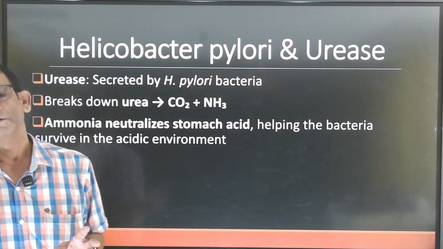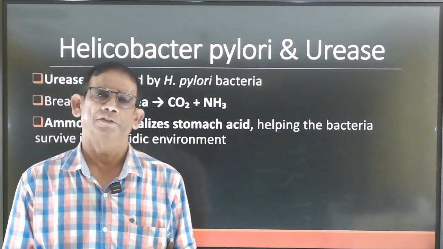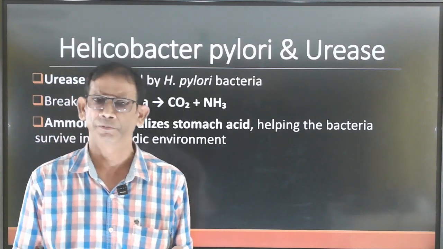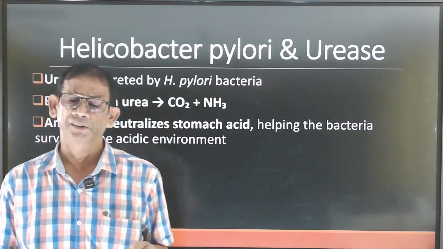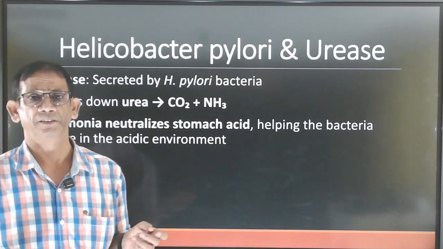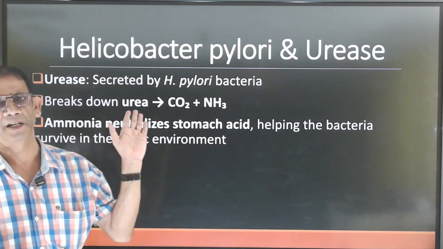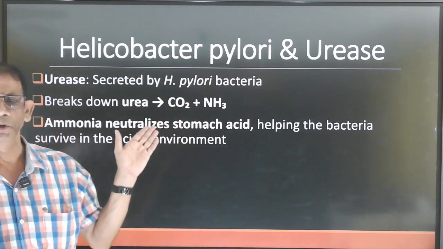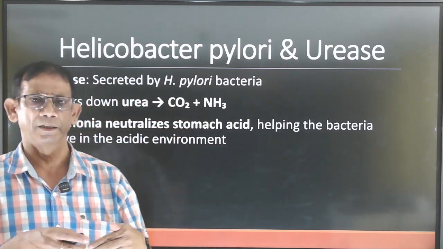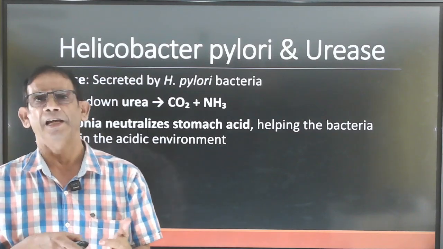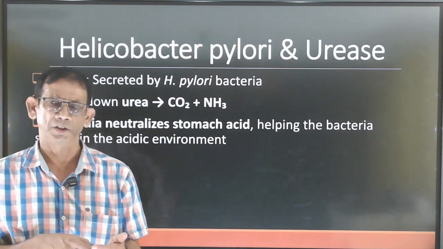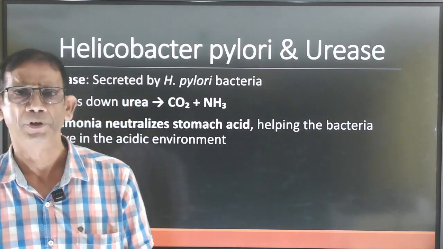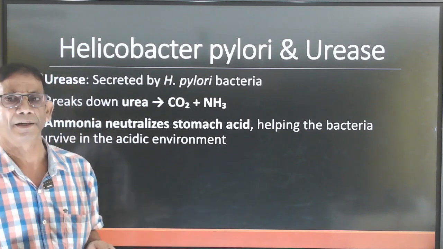Now, besides this, there are some bacteria that also colonize our stomach, which can cause various stomach diseases, gastric diseases. One of these bacteria is named Helicobacter pylori. It secretes an enzyme called urease, which acts on urea and breaks down urea into ammonia and carbon dioxide.